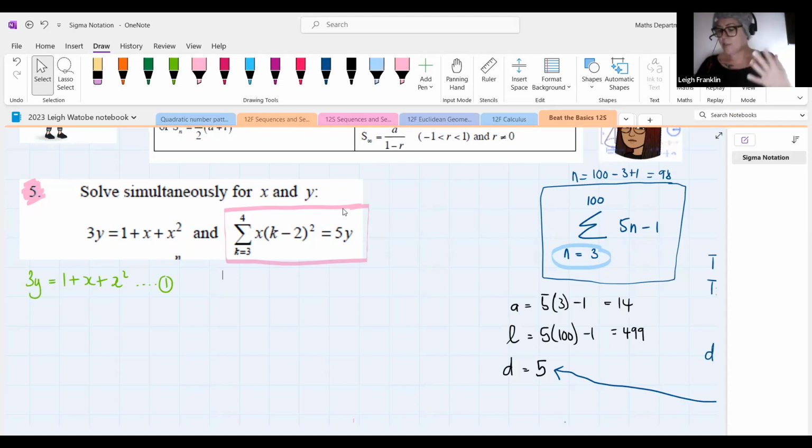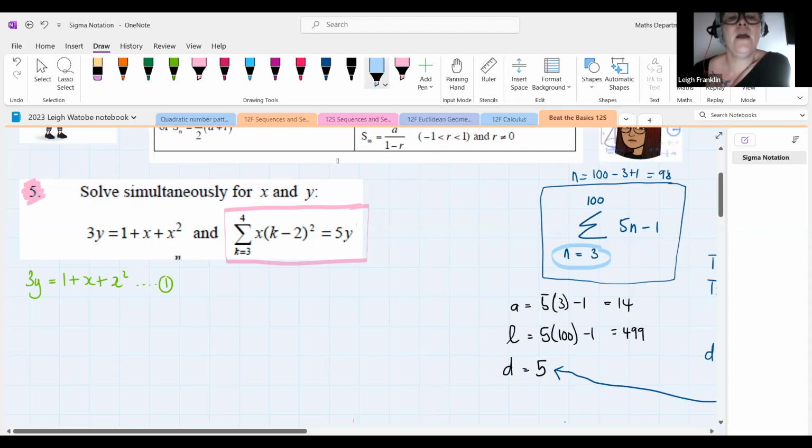So let's start. Let me try and help you by asking some probing questions. First of all, what does the 5y on the right-hand side represent? When it says equals 5y, what does the 5y represent?